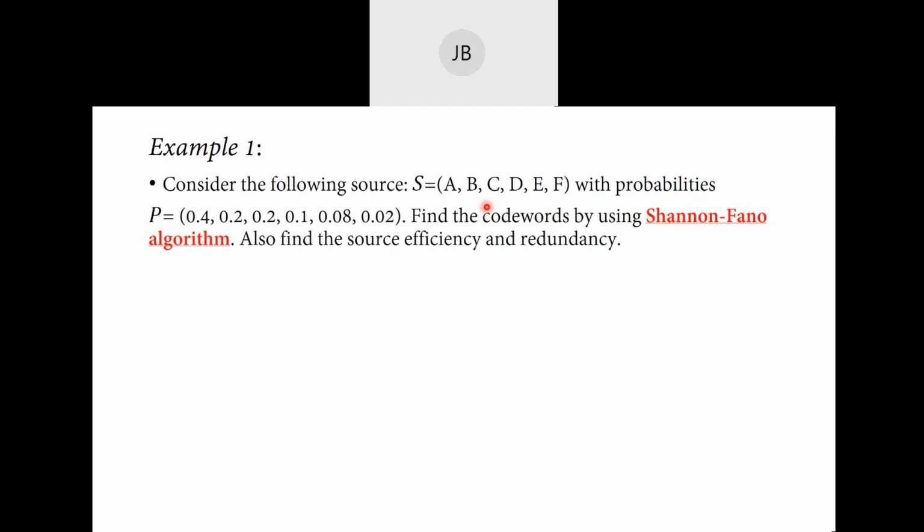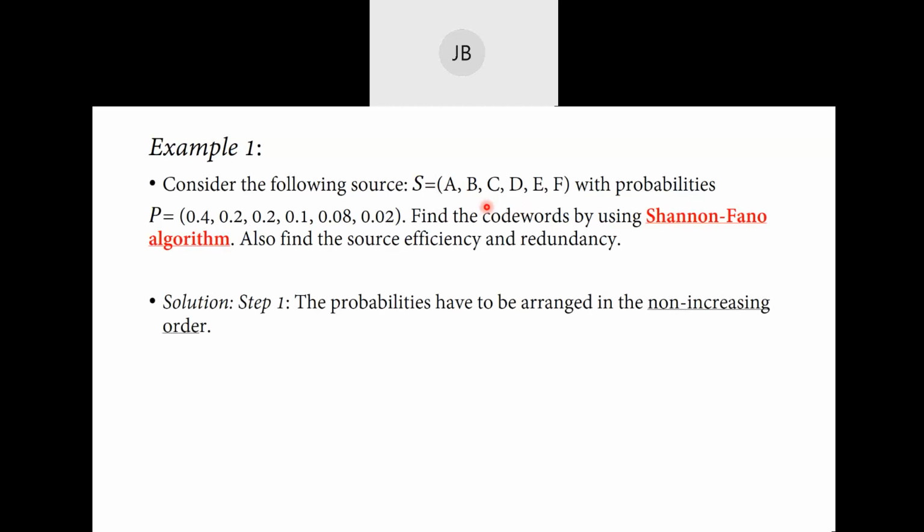So first we will see the general steps associated with the Shannon-Fano encoding scheme. The first step says that when the probabilities are given here, we need to arrange these probabilities in the non-increasing order. So in the next step, what do we do? Once we arrange them in the non-increasing order, we need to group them into two groups.